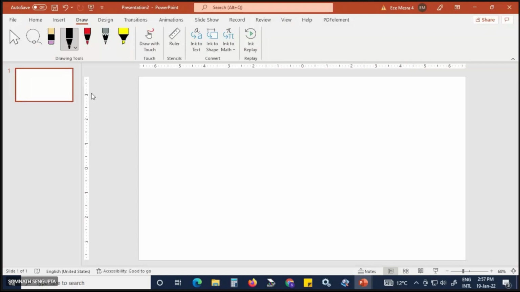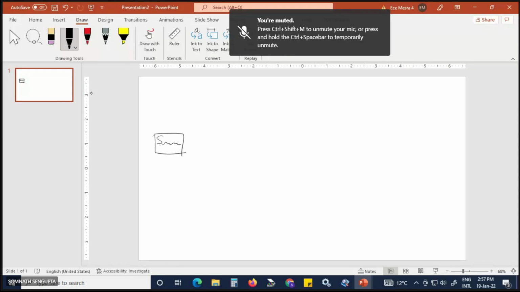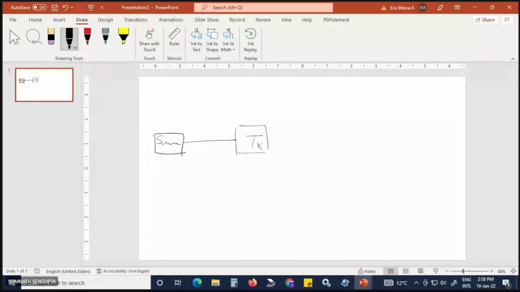There will be a source, then a transmitter circuit, then optical fiber, then a receiver circuit, then the destination. So this is called a fiber optic link.